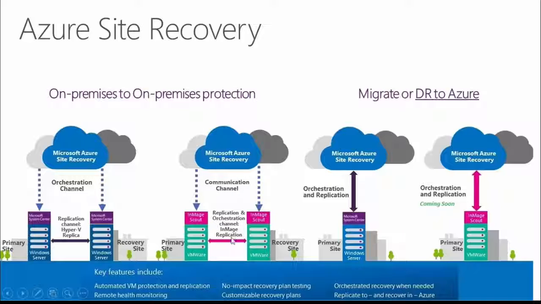So if I understand you correctly, in the first scenario we had Hyper-V servers, and we had two different data centers, not Azure. They're just data centers from a customer. Exactly. And then Azure's role in this is just watching those and orchestrating the failover. Exactly. And then with our second model, with this other product, InMage, we're able to do the same thing, but using VMware.